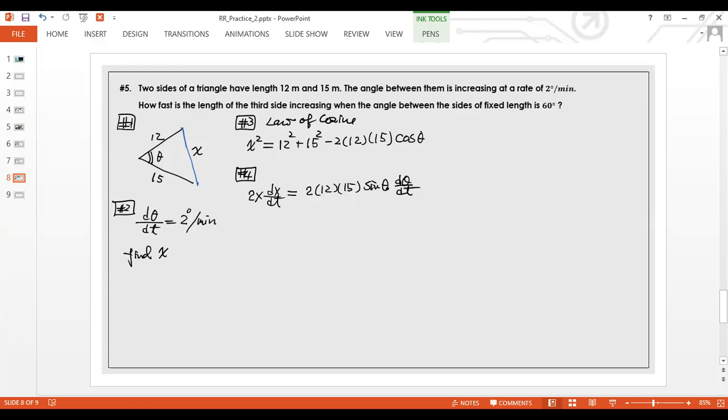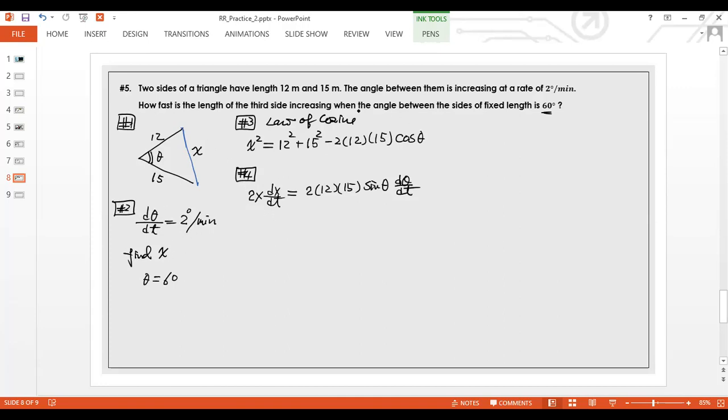And then, okay, they said how fast is the length of the third side increasing when the angle between them is 60. Okay, we forgot to write this information here. So theta is 60 here. Right. Okay, so now we want to see how fast dx/dt is, right?